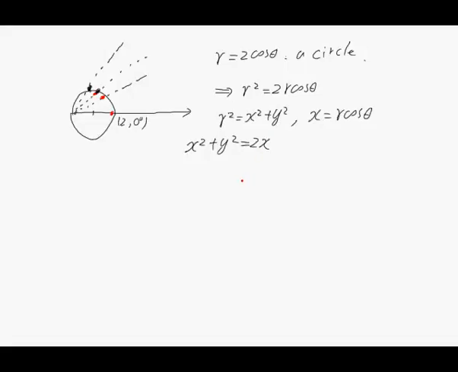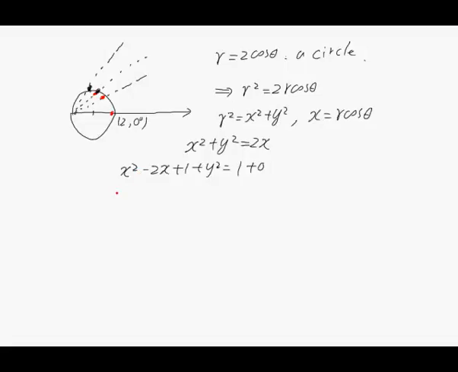Now let's put this in the standard form. Let's move this 2x to the left side. Then we have x squared minus 2x, and we try to complete the square. So we add 1 to the left side and also to the right-hand side. Actually this is 1 plus 0, since when we move the 2x to the left side, we have 0 on the right side.